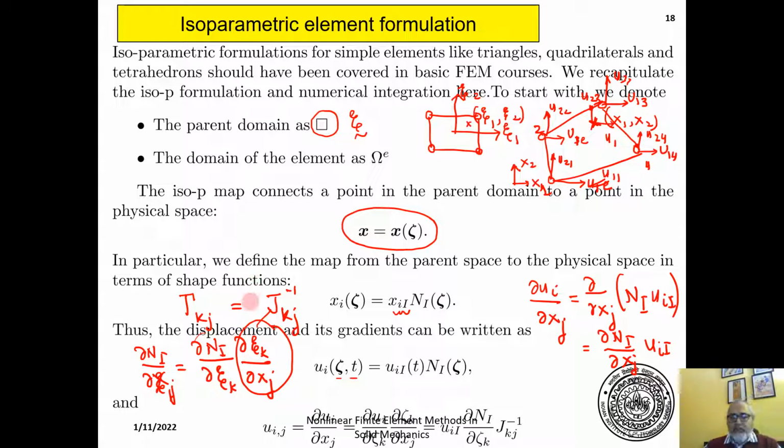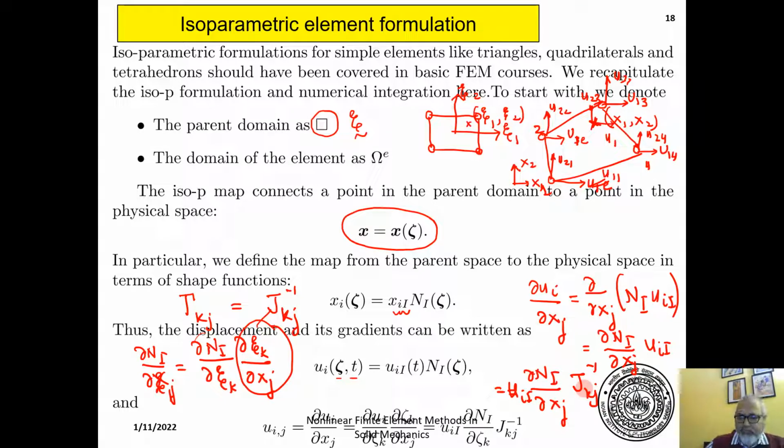So when we do this, this will become del NI del zeta k times the inverse Jacobian kj. So del ui del xj will be related to the derivatives of the shape function through this relation here.